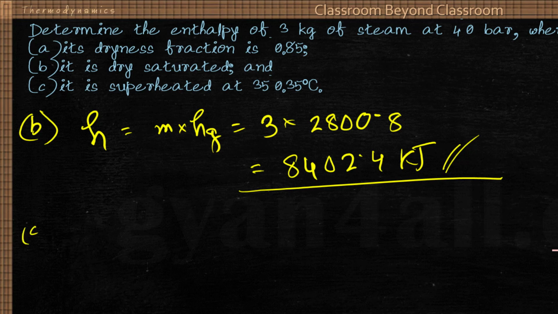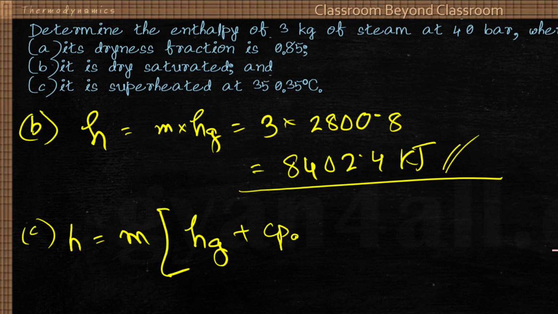And the last part is, if the steam is superheated at 350.35 degree centigrade. Then H is Hg, total heat of dry steam, plus the heat of superheat, that is equal to Cpg, specific heat of superheated steam at constant pressure, multiplied by degree of superheat, that is equal to T sup minus Ts.